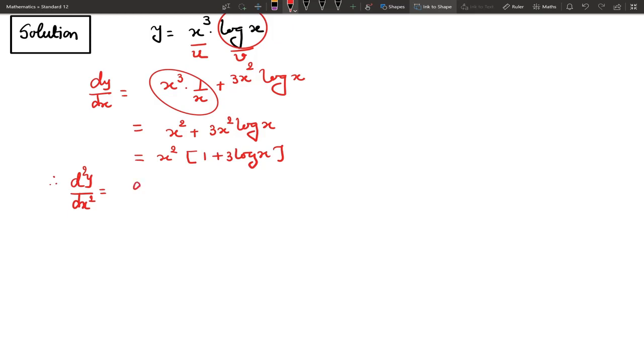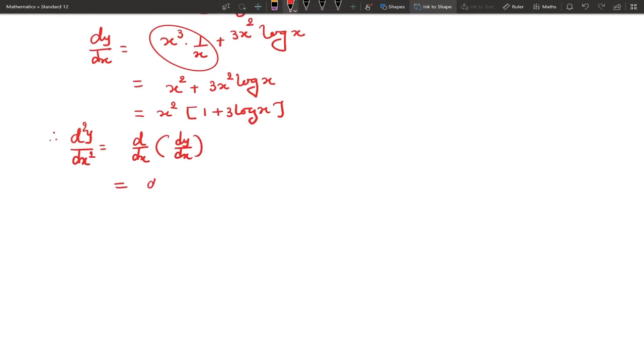Therefore, d2y by dx2 is d by dx of x square into 1 plus 3 log x. Now again we have to use product rule. Consider this one as u, this one as v, and we have to use u into v form.